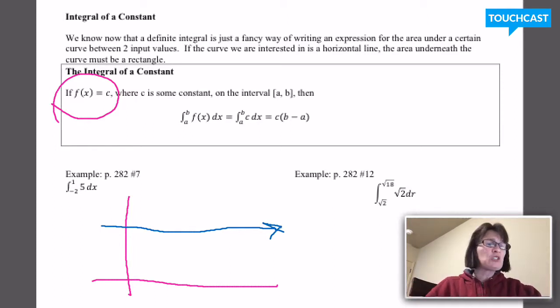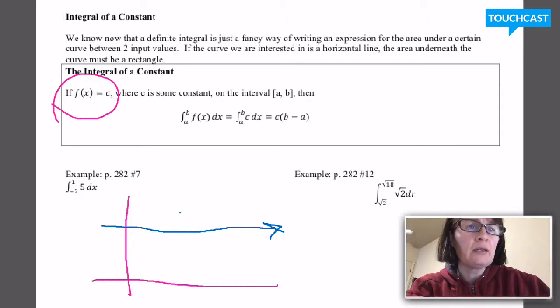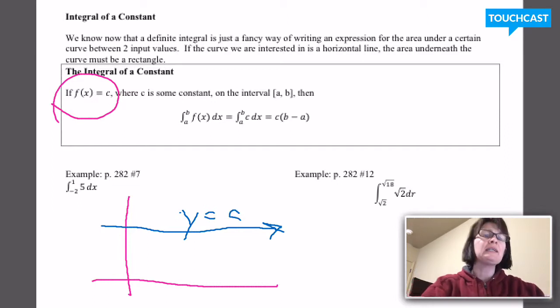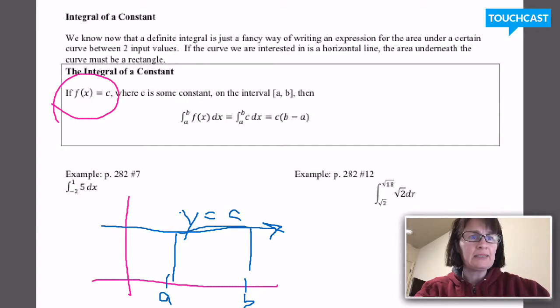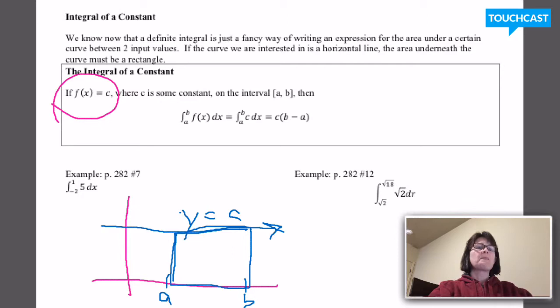So some function that, if I graph it, just looks like a horizontal line. And I know that the equation for that horizontal line is y equals c. If I want to find the area under that curve between a and b, when I draw that area, it's easy to see. That area is going to be a rectangle. It has to be a rectangle. There's no getting around it.